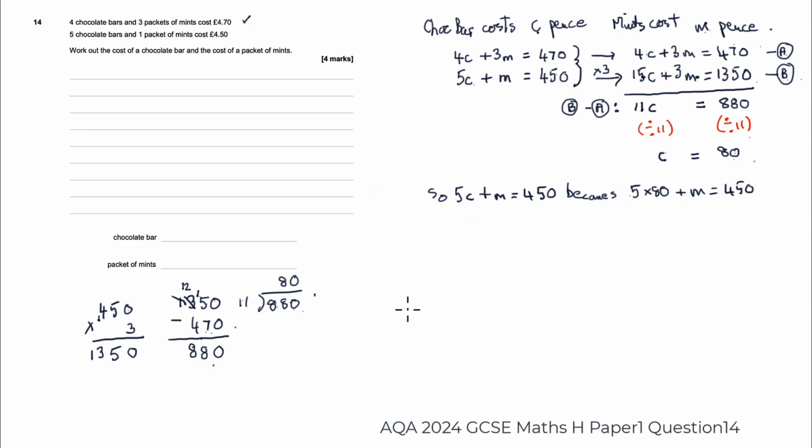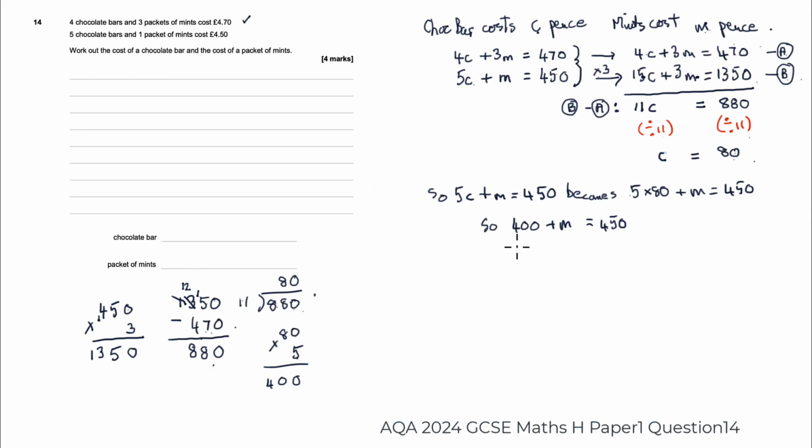Now, what is 5 times 80? So 5 times 0 is 0, 5 eights are 40. So that's 400. So 400 plus m is equal to 450. So a nice little equation.